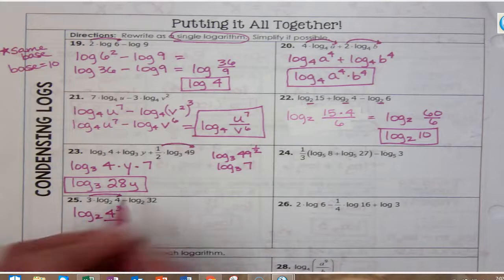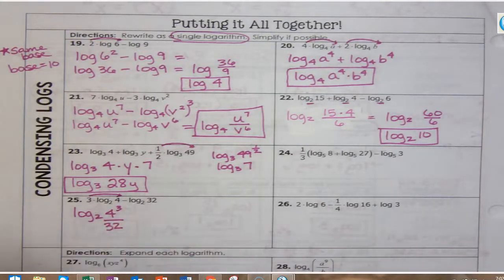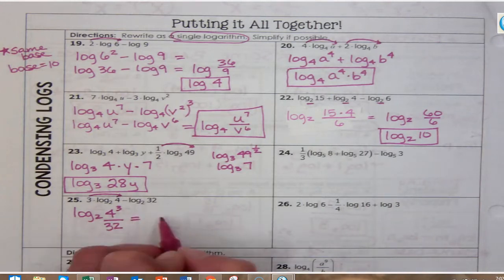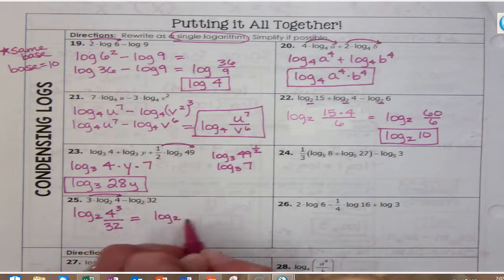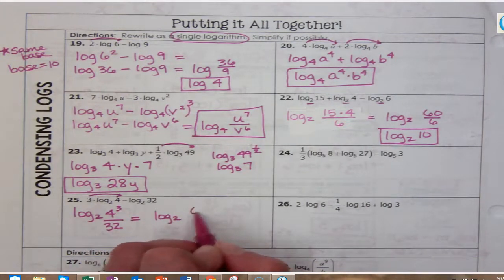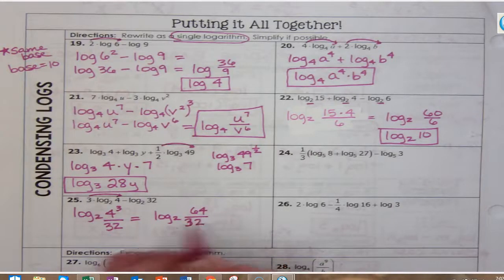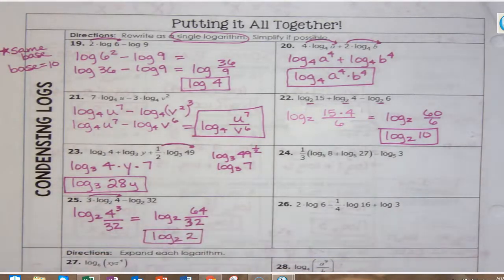Minus, or divided by, the same base, 32. Well, what is 4 to the 3rd power? Log base 2 of 4 to the 3rd power is 64, divided by 32. That's going to be log base 2 of 2, since 64 divided by 32 is 2.